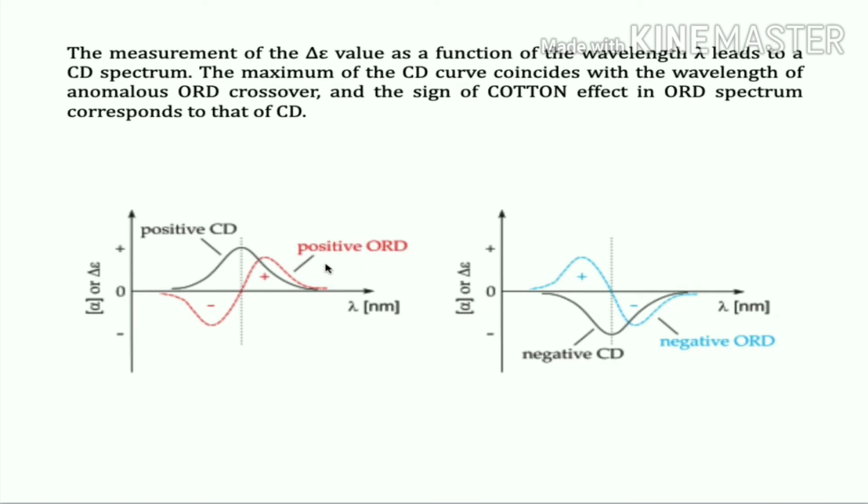If it has a positive Cotton effect and we record circular dichroism, and we are getting a peak in the positive direction, then it is going to be called positive circular dichroism. Whereas if the curve is obtained on the negative Cotton effect side, then it is going to have the sign of negative.